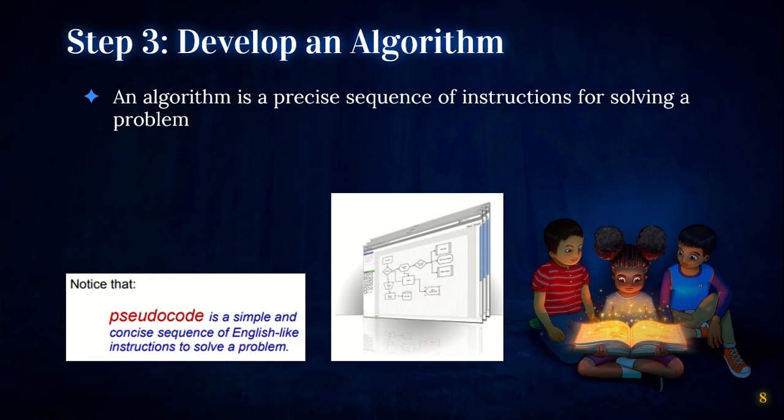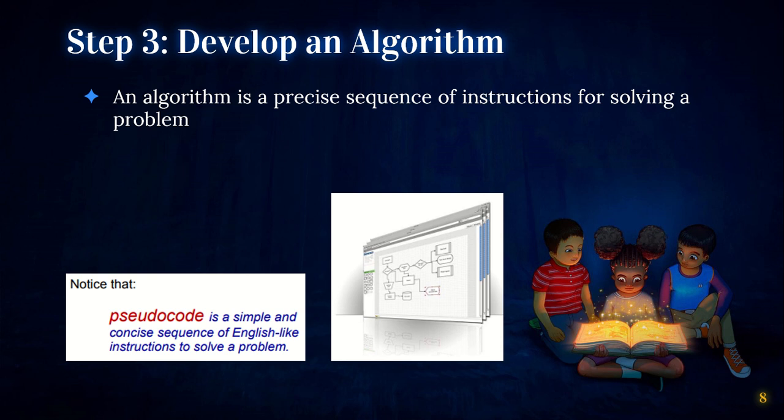The third phase is developing an algorithm. An algorithm is a collection of sequential steps that reach the user's goal. The definition: an algorithm is a precise sequence of instructions for solving a particular problem.